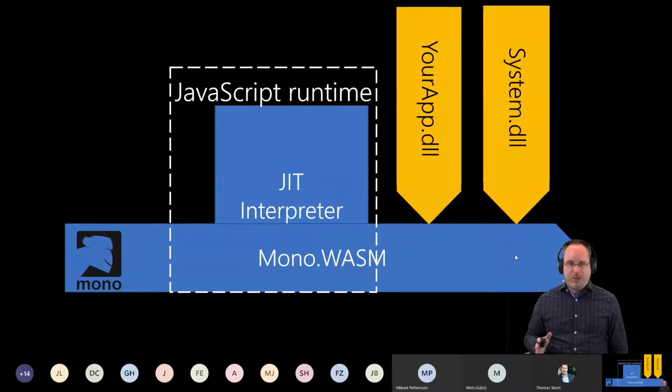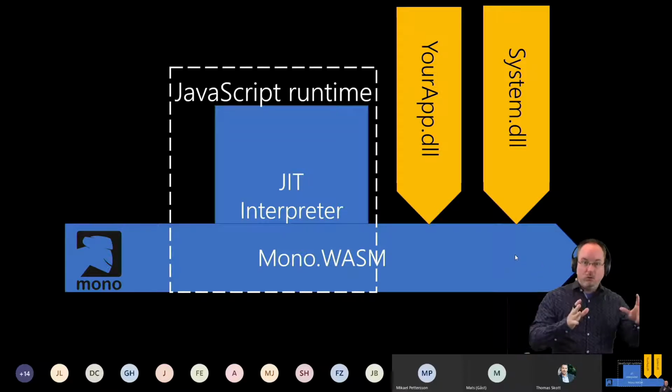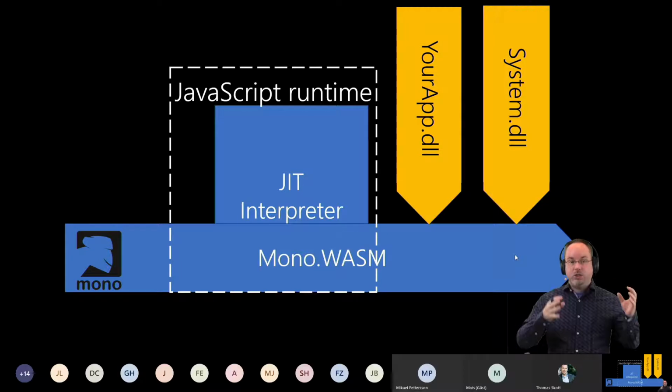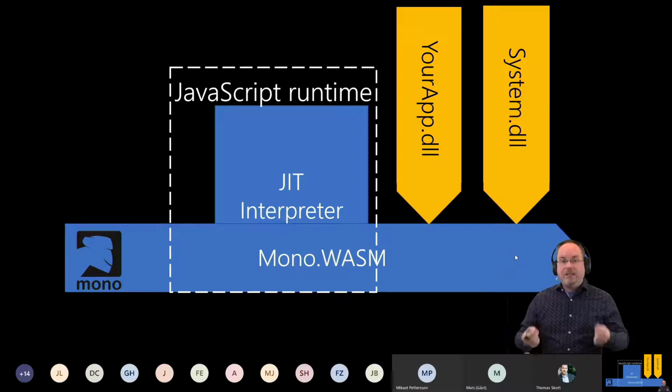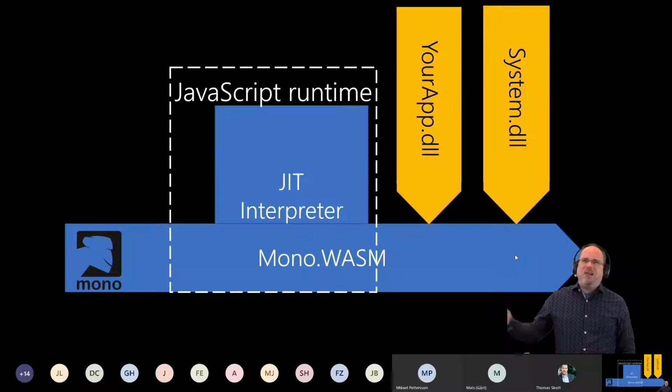So what is not happening is that we're not compiling C# to WebAssembly. We have compiled C code, which is the mono runtime, to WebAssembly that is executing your standard .NET DLLs.